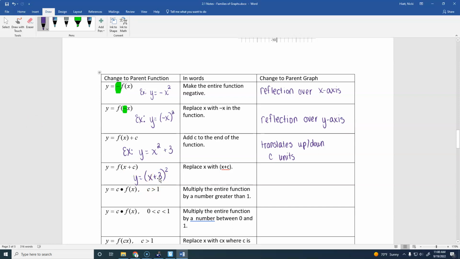It would go left. It's the opposite direction of the sign that you see there. So it's going to translate left or right c units in the opposite direction.